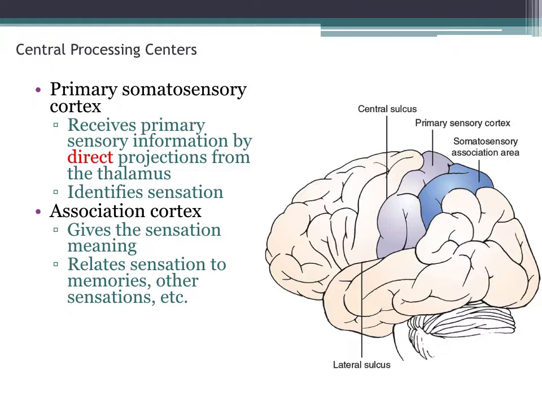But infants don't have words to put to it, so you can't express a memory to it. But the association cortex, as we get older, actually puts emotion and memories to incidences that have happened to us so that we don't do those same things again.